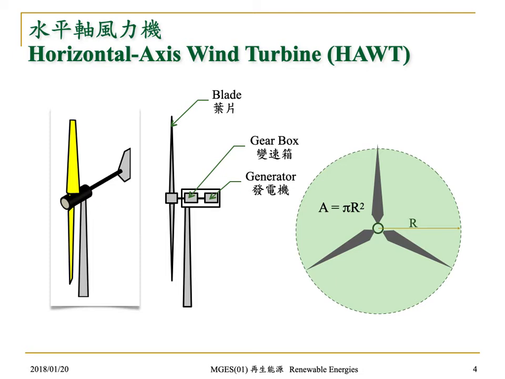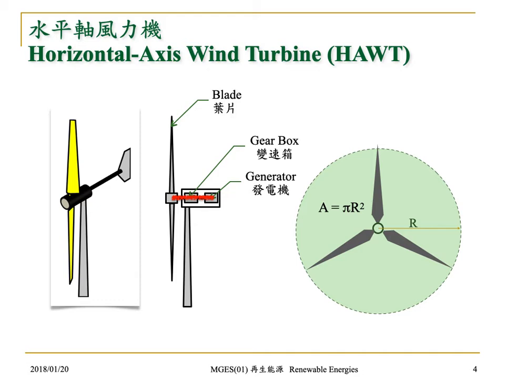So the mechanism is more complicated than the vertical axis wind turbine, but the efficiency is much higher. The reason it's called a horizontal axis wind turbine is that the rotating shaft is horizontal, parallel to the ground.